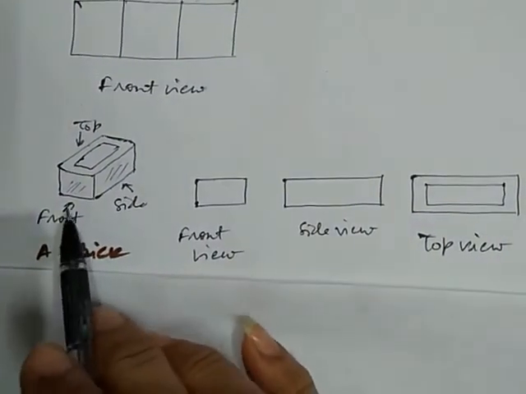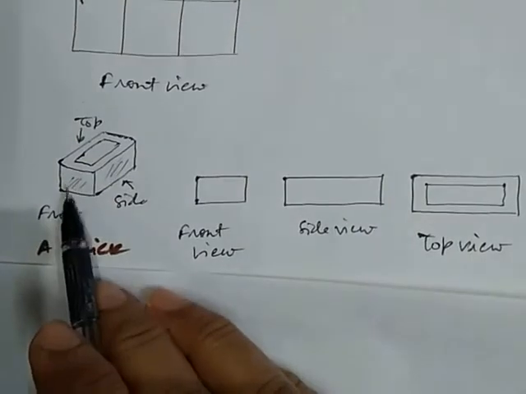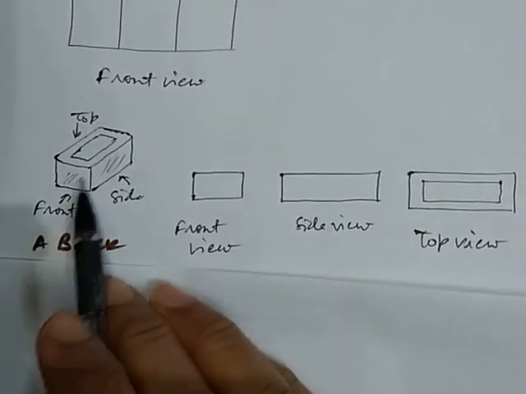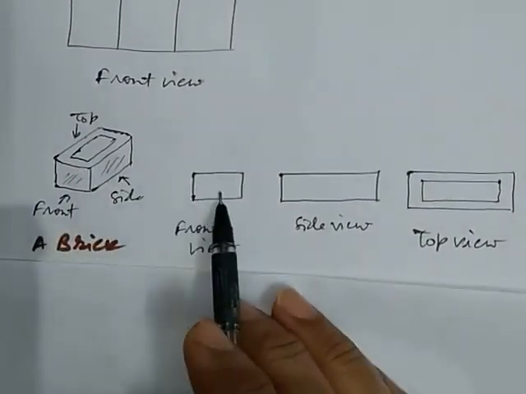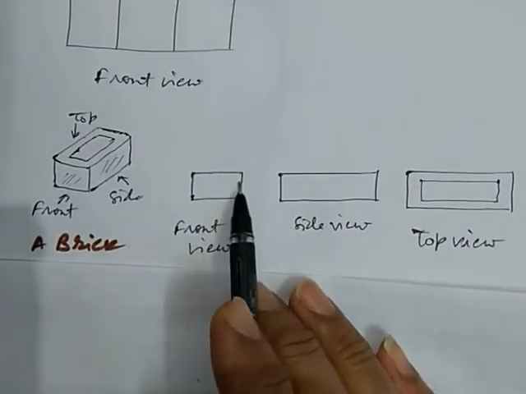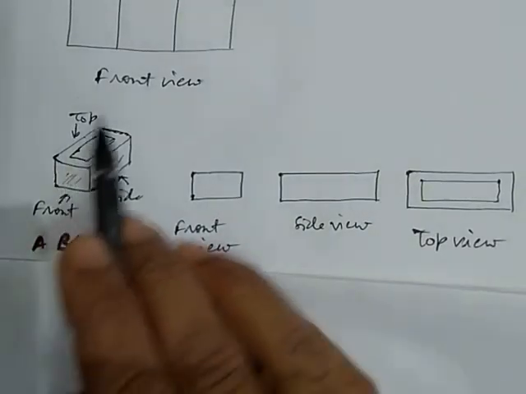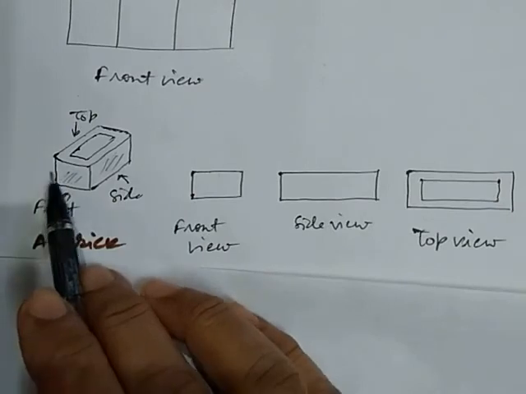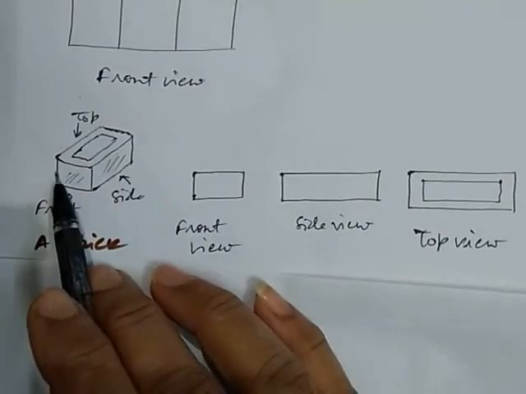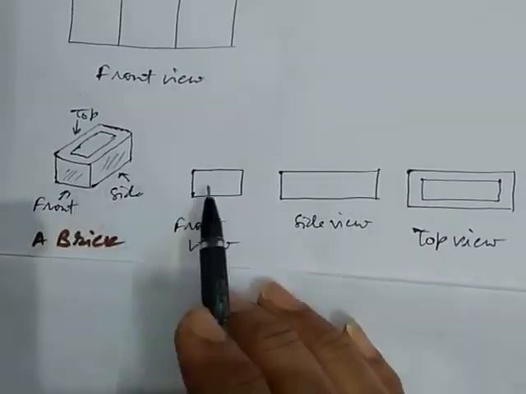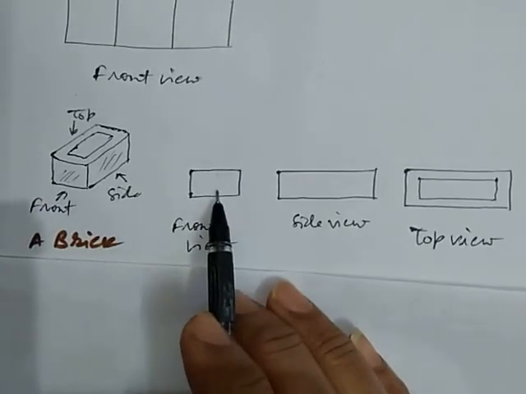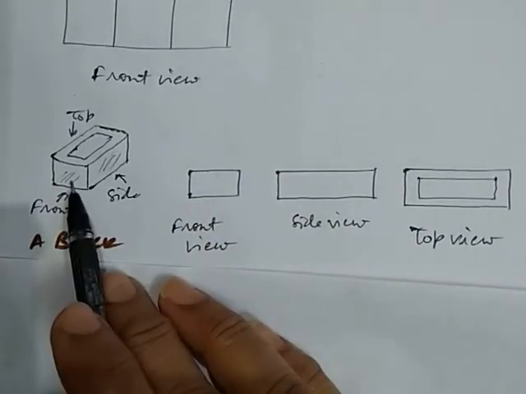If we look at this brick from the front side, that is this side, only this face is visible. This is the front view of this brick. The rest of the portion is hidden behind these edges. So only this and this, these 4 edges are viewed. So this is the front view of this brick.